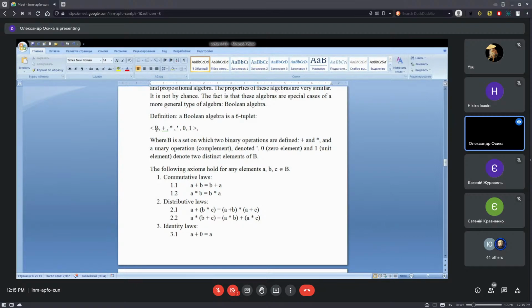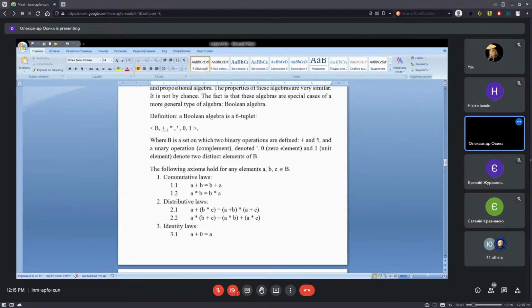The 6-tuple: B, capital plus, multiplication, asterisk, 0 and 1, where B is a set on which two binary operations are defined, plus and multiplication.